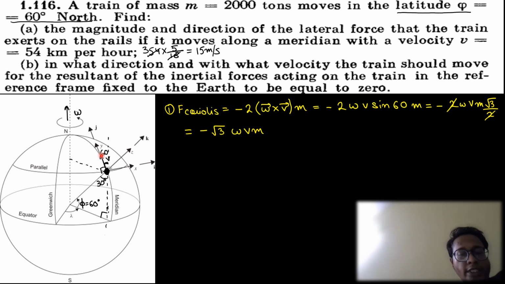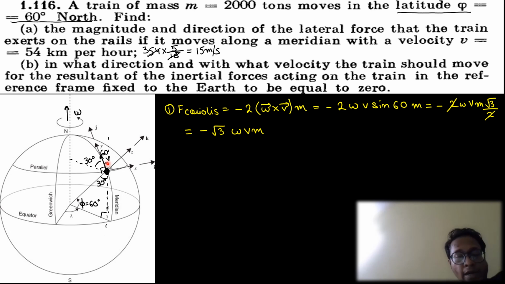What is the component of this velocity v along this line? If this is 60 degree, this is nothing but 30 degree. Why? Because this line and this line make a 90 degree angle.